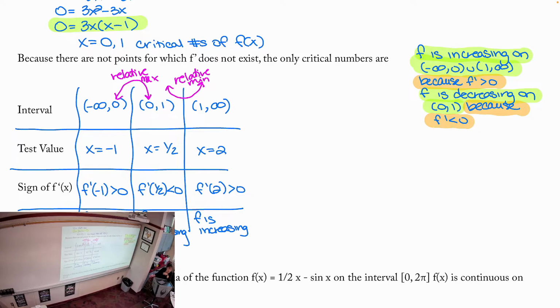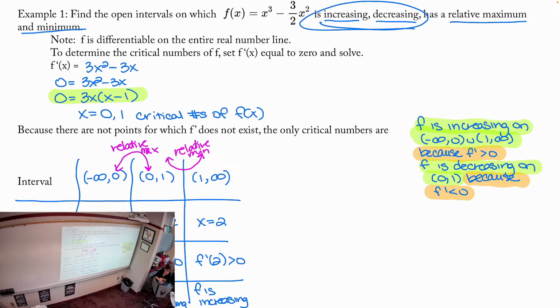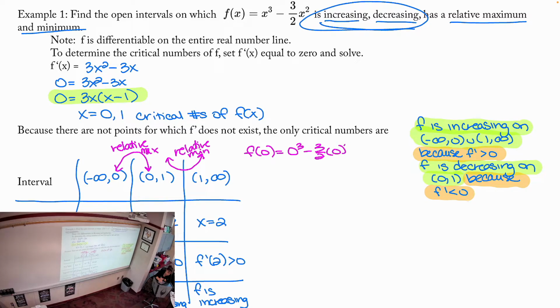Other questions that you guys have? So we plug this back into the original equation. So I want f of 0, which is 0 cubed minus 3 halves times 0 squared, which is 0. And then f of 1, which is 1 cubed minus 3 halves times 1 squared, which is negative 1 half.